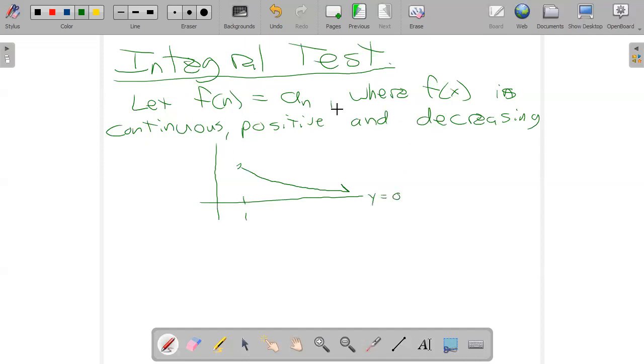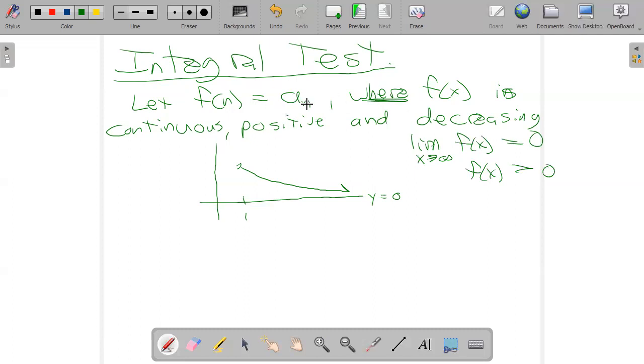So in other words, part of what this condition says is that the limit as x goes to infinity of f of x is equal to 0. f of x is continuous. f of x is always greater than 0. Those are my conditions.